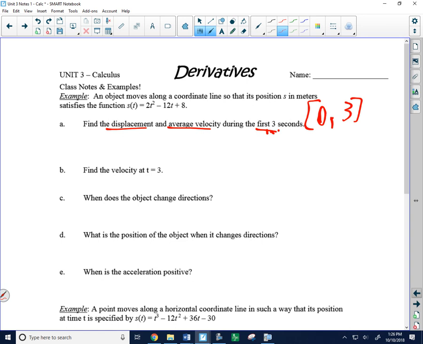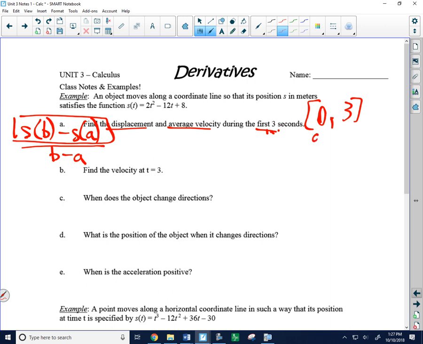So displacement, start with that. I'm just going to write down the average rate of change, in this case, average velocity. Average velocity is just the normal formula. I just change it to s instead. If I just did the numerator, that's displacement.